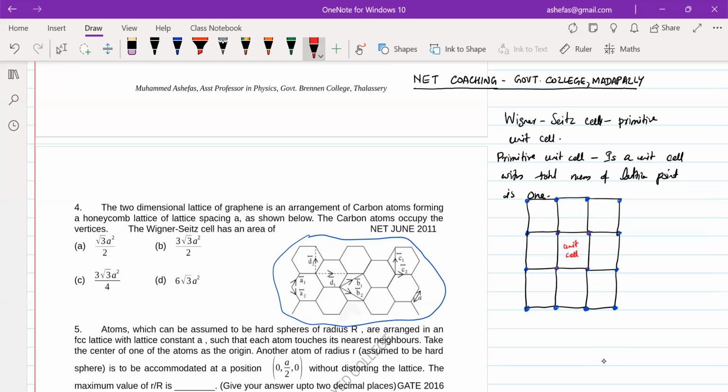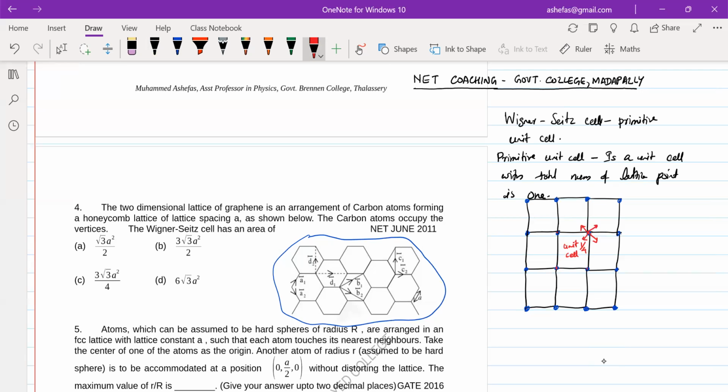If you look at one corner, it is actually shared with 4 unit cells. So effectively, the contribution of one lattice point to one unit cell is only 1 by 4.